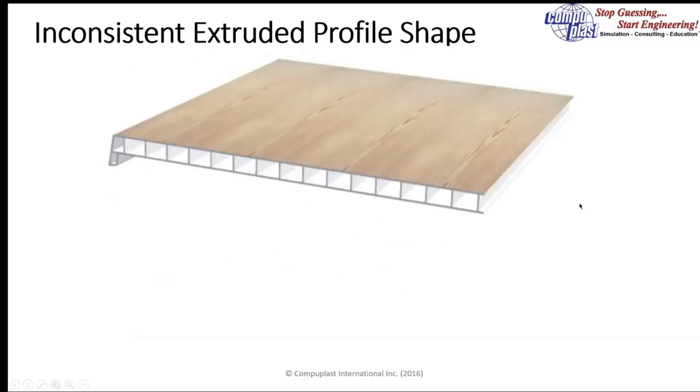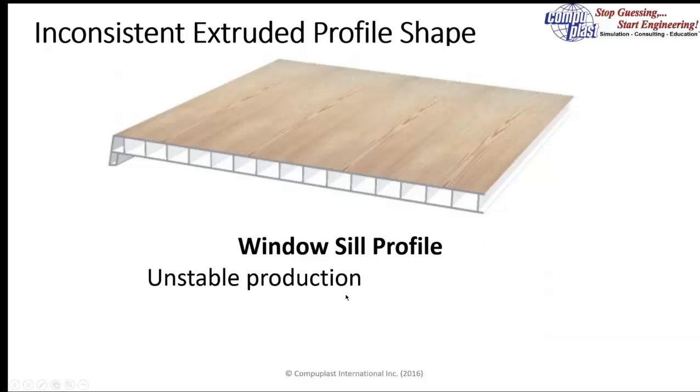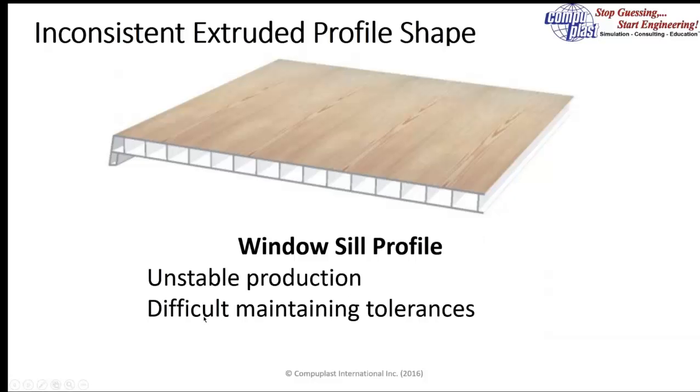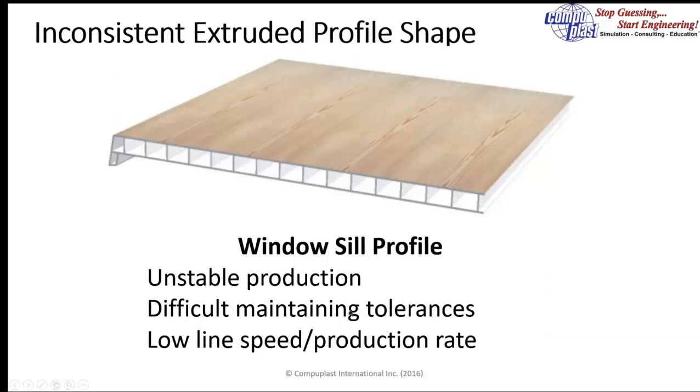The next example is an inconsistent extruded profile shape. This is a windowsill profile, and the customer was complaining of unstable production. They couldn't run faster, and they couldn't maintain the tolerances. The tolerances would go out of spec. And so they wanted a method that would allow them to increase the production rate.